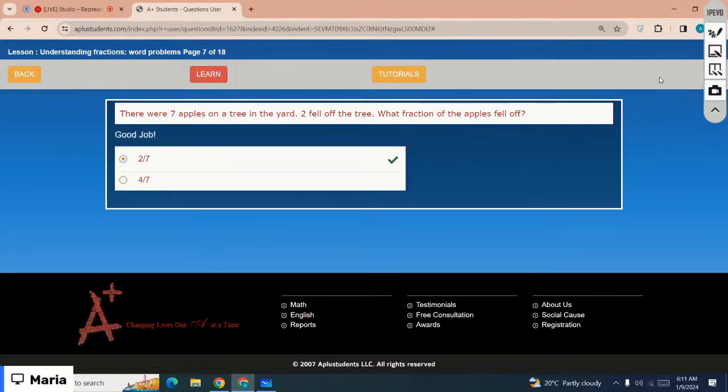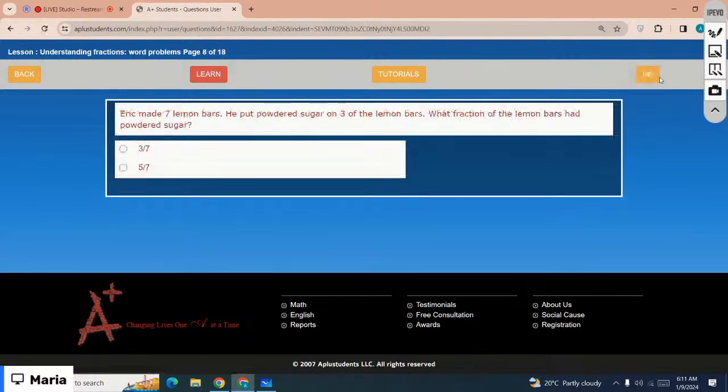Okay, the next one is Eric made 7 lemon bars. He put powdered sugar on 3 of the lemon bars. What fraction of the lemon bars had powdered sugar? Which is the correct option? That's the one we did in the tutorial.